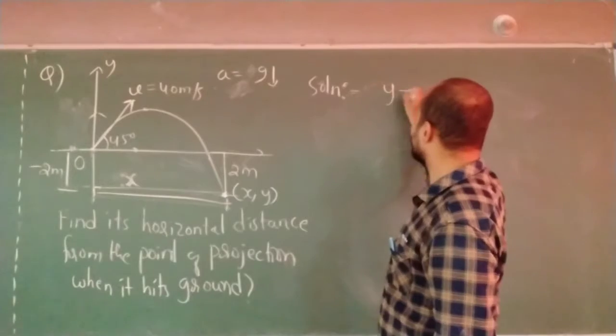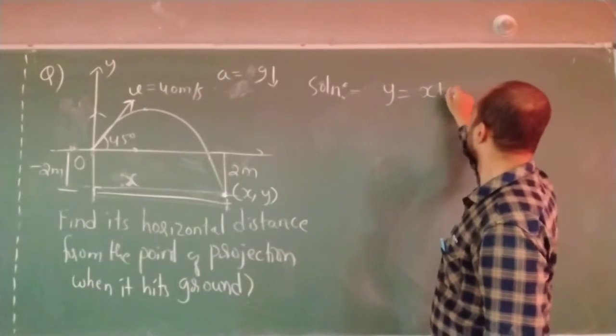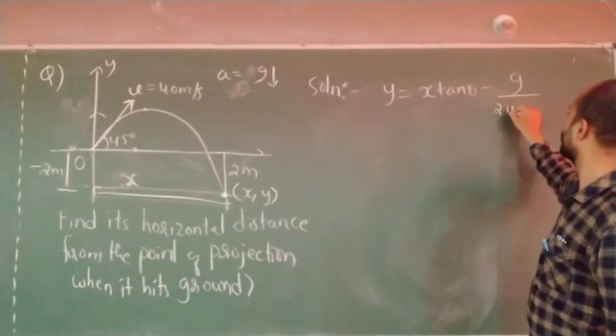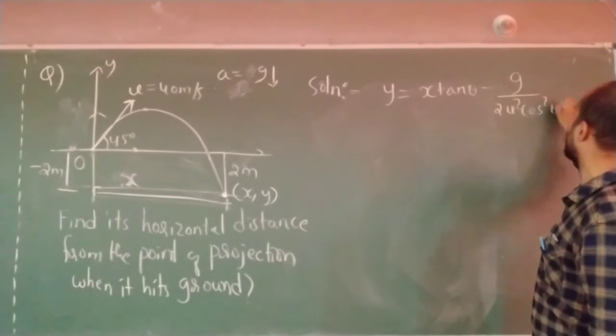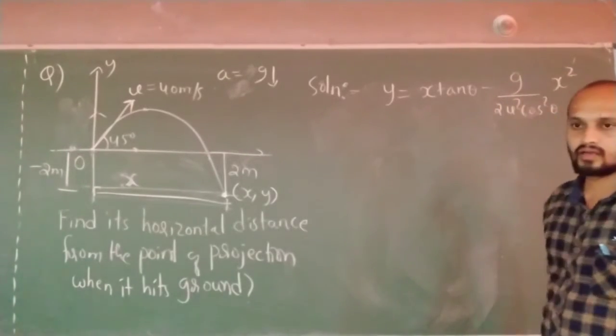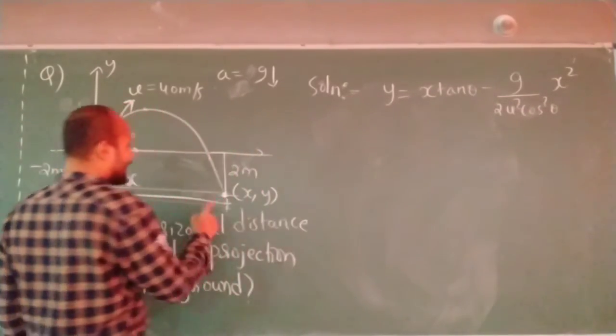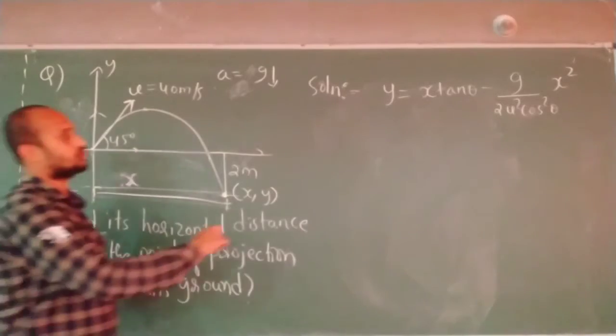So from the trajectory equation, y is equal to x tan theta minus g divided by 2 u square cos square theta into x square. Are you getting that? Here, I know the value of y, how much?